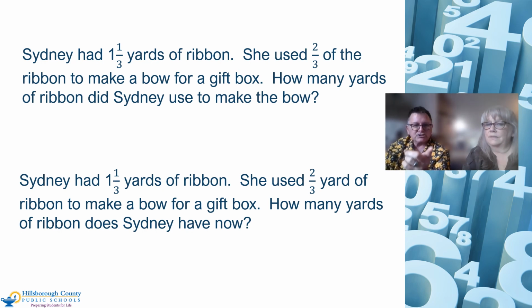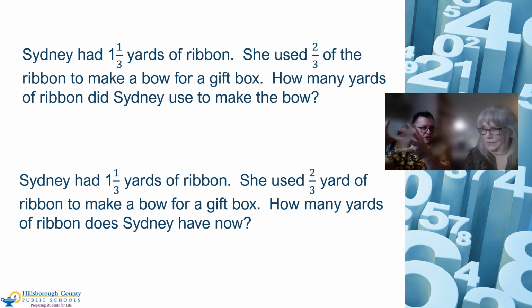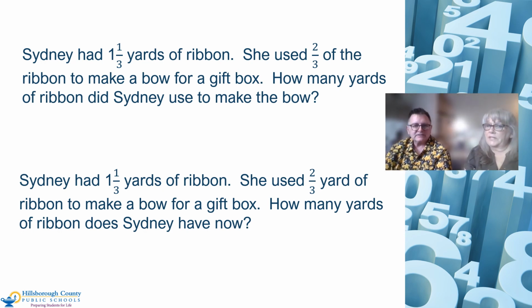The second problem is actually a subtraction scenario. Yes, it is. Because she's starting with the 1 1/3. She's using 2/3 yards of ribbon, so she's using 2/3 of 1 yard of ribbon. That's very different than 2/3 of 1 1/3 yards. Yes, it is. It's an action where she's taking it away.